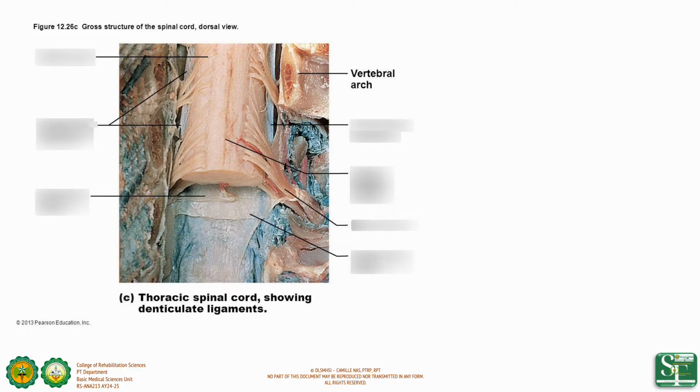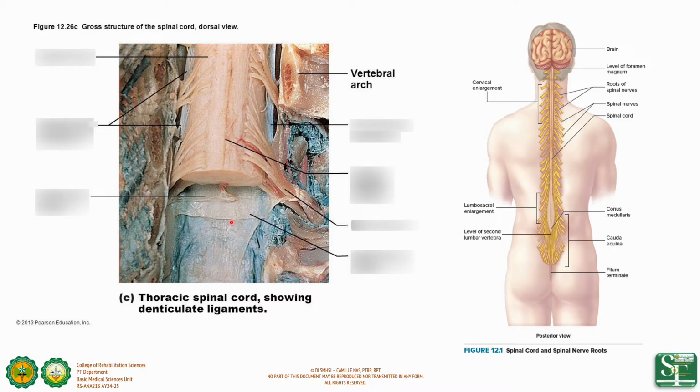Denticulate ligament is the whitish part here. That's your denticulate ligament, no? So it's the one that will tightly hold the spinal cord in place. Anong space nga ulit si denticulate ligament? It's within the subdural space. Ayan. Si phylum terminale is this one. Yung pinakadulo ng spinal cord.